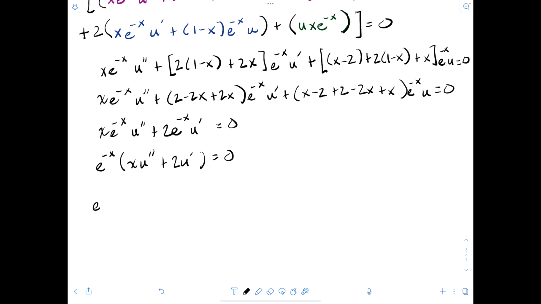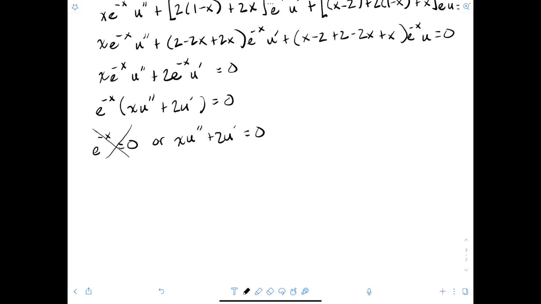That would give us e to the negative x is 0, which we know is extraneous, or xu double prime plus 2u prime is 0. Now I want a coefficient of 1 in front of the u double prime, so I divide through by x, and I get u double prime plus 2 over x times u prime is equal to 0.